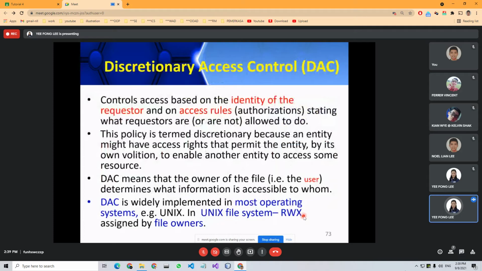So the following again, they repeated, explaining DAC, the one that I highlighted, you can take a look, based on the identity of the requester. This one is widely implemented in most operating systems.